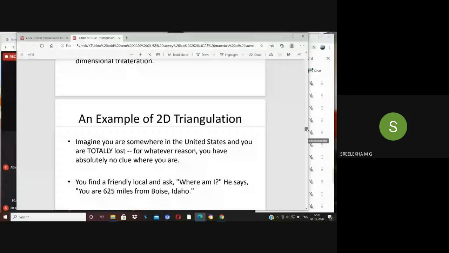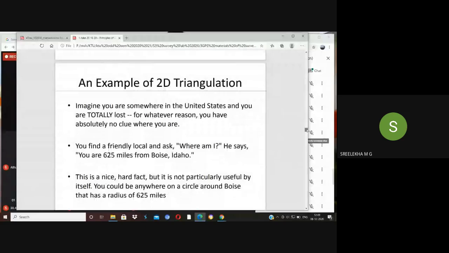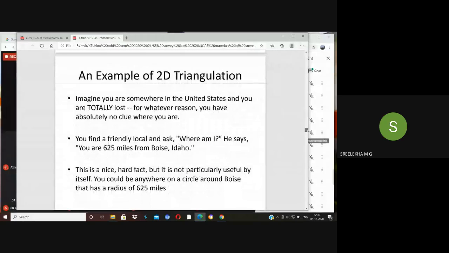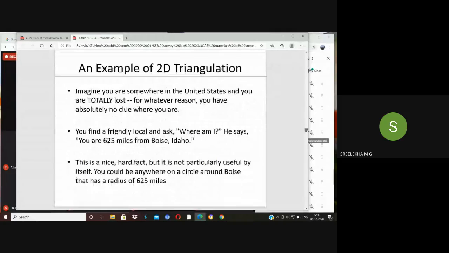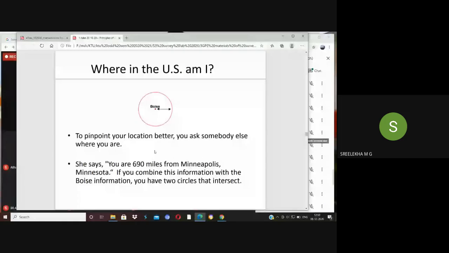For example, imagine a case where somebody is lost, he doesn't know his location, and he is trying to identify it. He asks a friend. His friend tells him he is 625 miles from a place like Boise. Okay, so in that case, he is able to identify the location of Boise, which is already a fixed one.